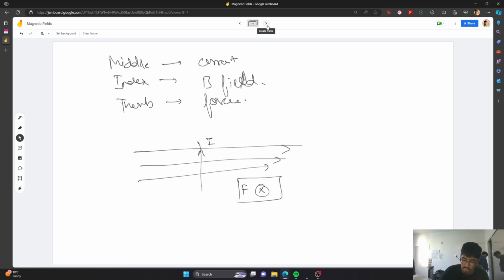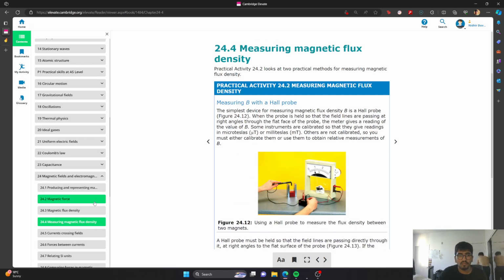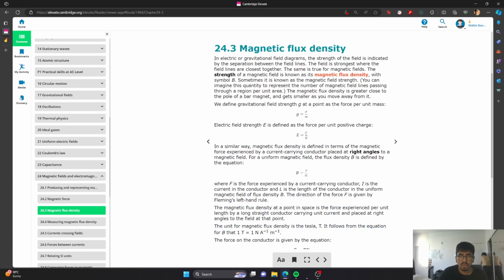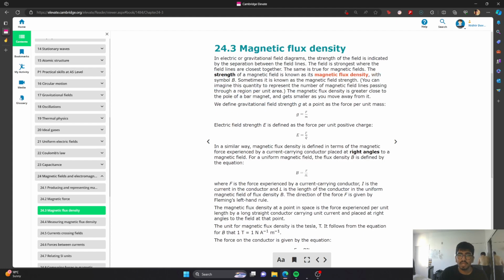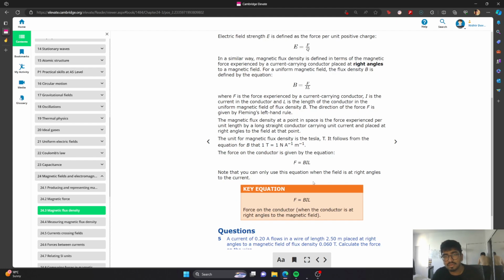Okay, so let's do another question. Let's do a question from the book actually. Yeah, so B is also called the magnetic flux density, by the way.